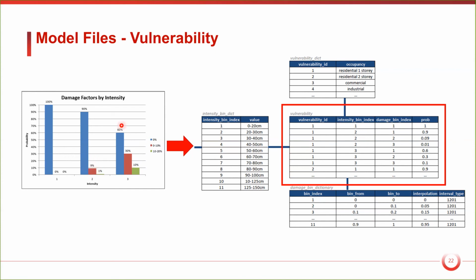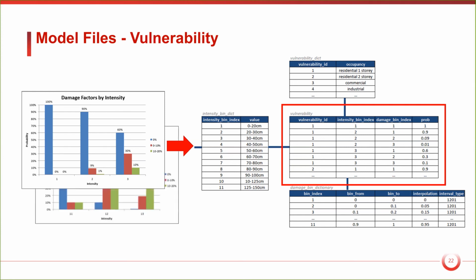So we're really just saying how we represent the probability distribution of damage for a given set of intensities for a particular vulnerability function or type of property. So that's how we represent vulnerability and hazard in an Oasis model. And obviously we can have many, many more vulnerability functions down here. So we have lots of these charts that scale into additional numbers down here.